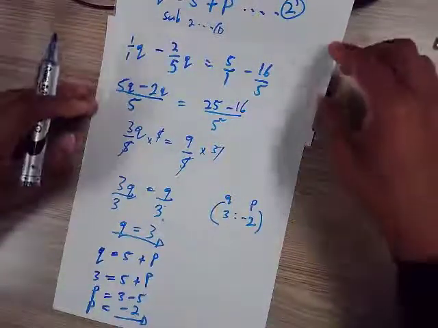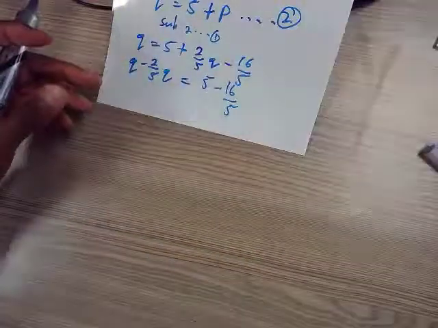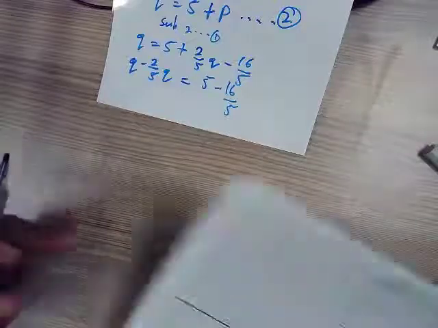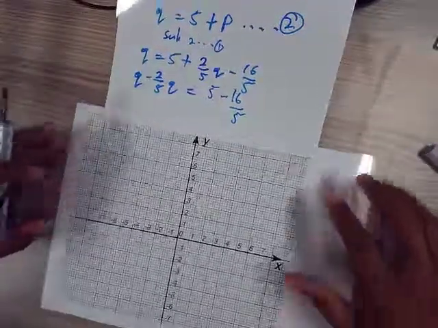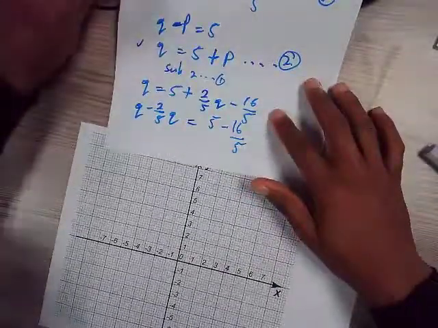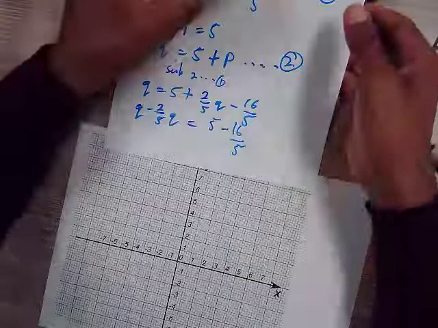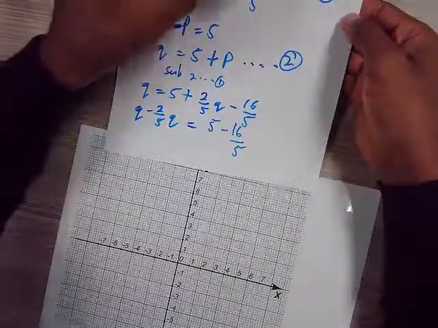Okay, so now I'm going to take this away for a while, and then let's graph this. Let's put it on a graph. So we're going to look at that and that, right? So this cannot be quantifiable, can it? It cannot.